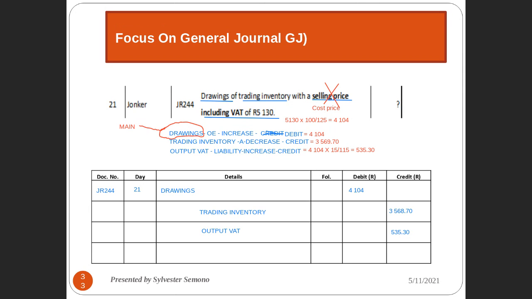But now because you did not sell that inventory and the owner took it, you need to reverse that input VAT. That's why we call it output VAT, because we are trying to decrease. It's just the reversal of the input VAT. Initially it was input VAT when I bought it, but because the owner took it, it's not part of the business anymore. We call it output in order for us to cancel the input. Are you okay, Sharon?